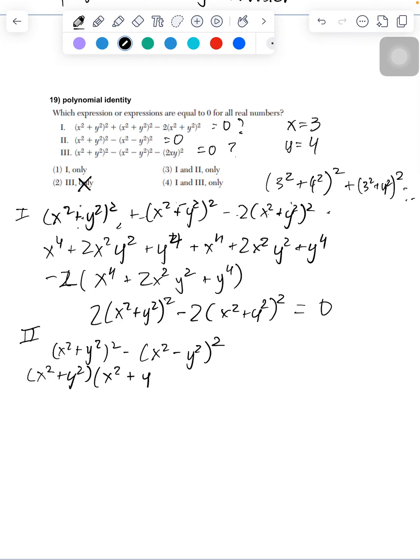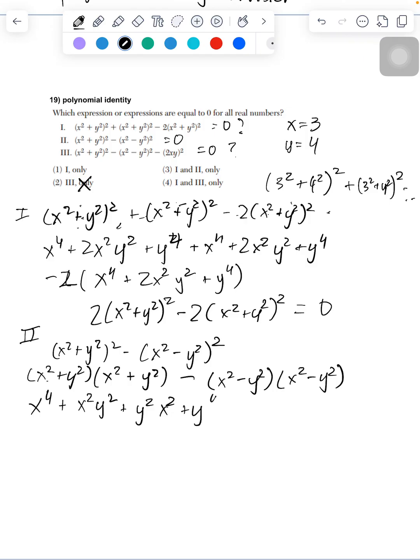So x squared plus y squared, minus x squared minus y squared. All right, so this is what this whole thing means. Okay, so over here, you're going to have x to the 4th plus x squared y squared times x squared plus y squared, and y squared times y squared is plus y to the fourth.